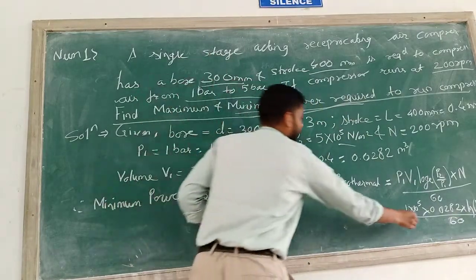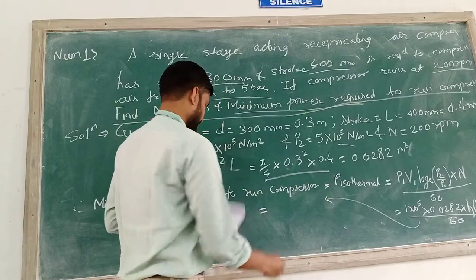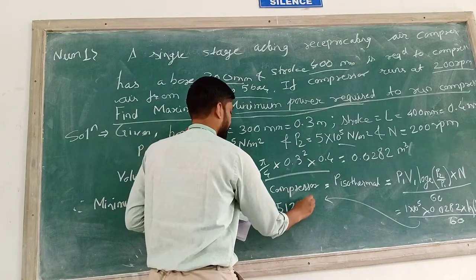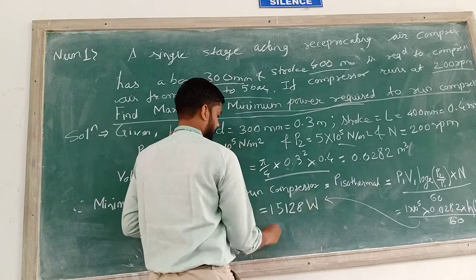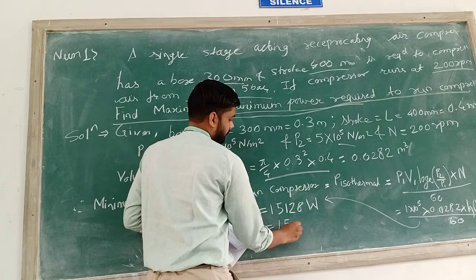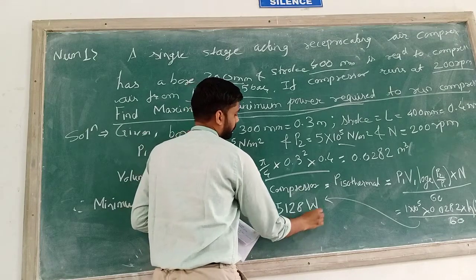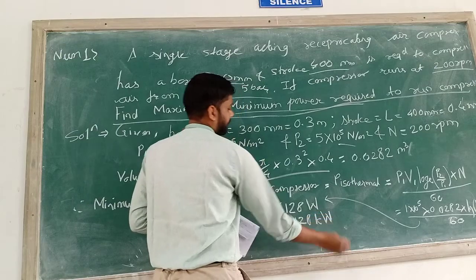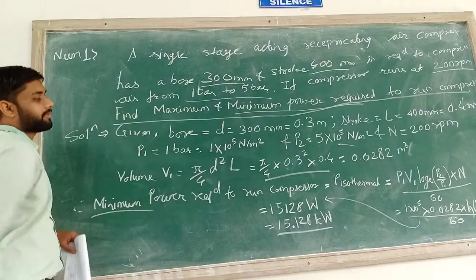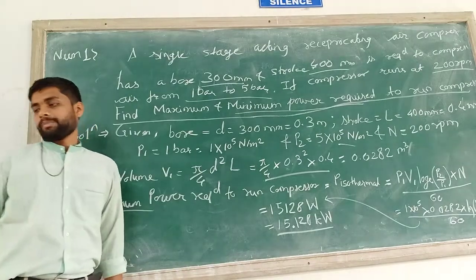By calculating this, we get 15128, and we can convert it into kilowatt by giving a decimal point after 15, so 15.128 kilowatt. This is the minimum power required to run the compressor.